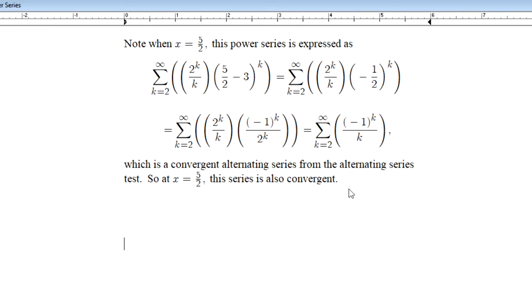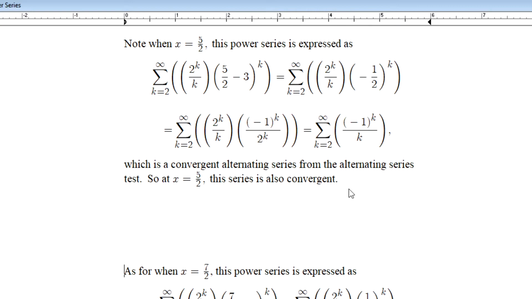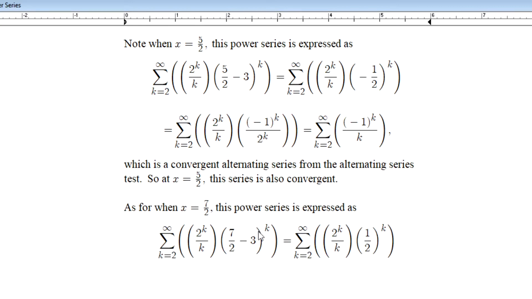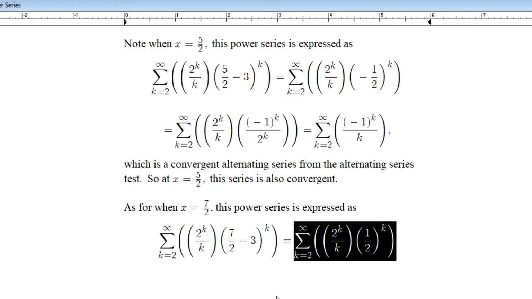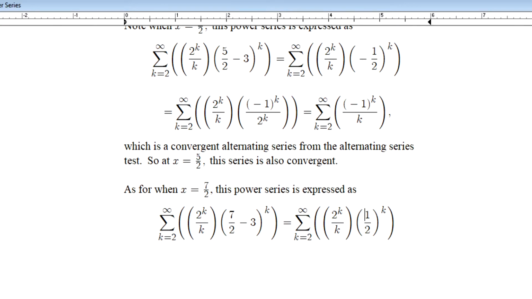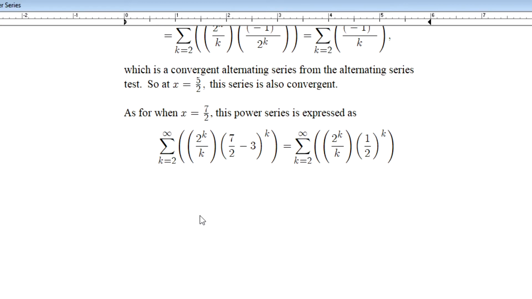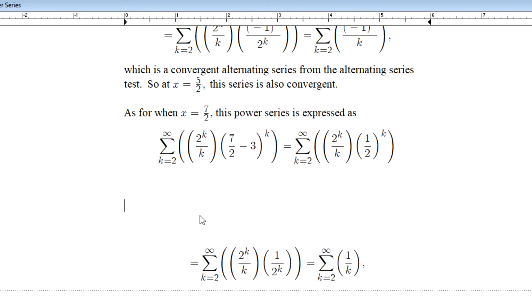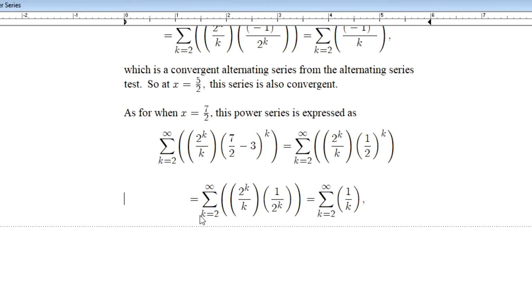As for 7 halves, we will have a similar looking series produced here, but it will not be alternating. In fact, using similar properties here, we can simplify this into a similar looking statement, but it's not alternating. Canceling the 2 to the k's in the numerator and denominator, we produce what we should recognize as a harmonic series.